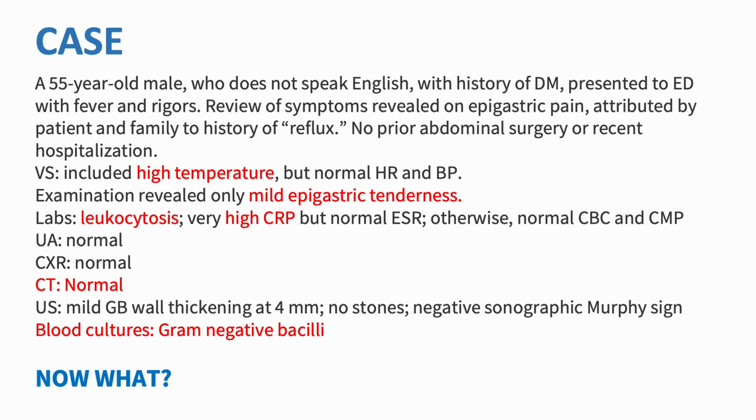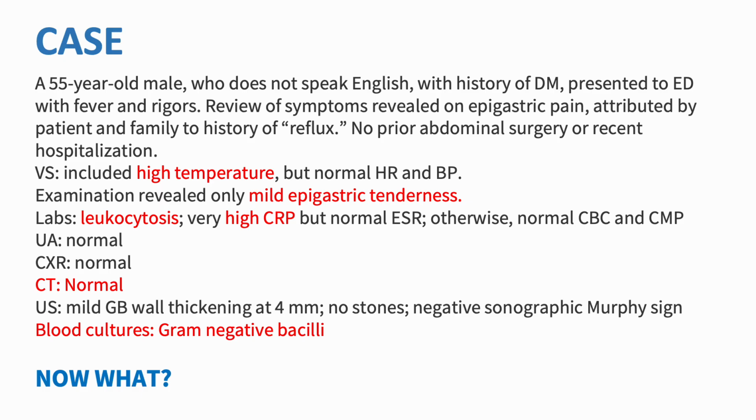So if you also remember, this patient doesn't speak English, so language barrier is an issue. The history is not really classic for any particular pathology, but because the pain was mostly in the upper abdomen, and the patient had gram-negative bacilli, it makes sense to think about common pathologies in that area that might not show up on the CT scan, especially given the fact that the ultrasound showed a little bit of something.